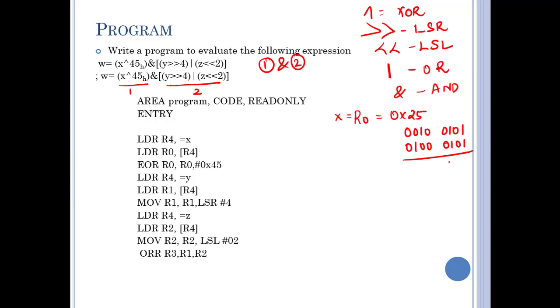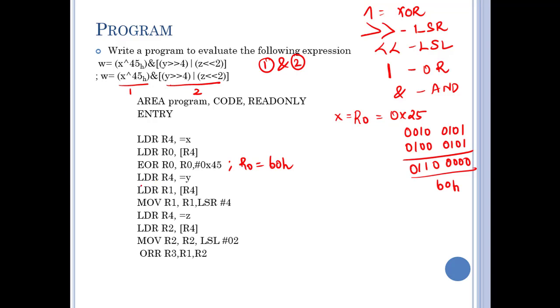For dissimilar inputs you will be having 1. So the result is 60. So see here, R0 is already 25. XOR this with 45. Save the same result in your R0. Now R0 will be having the result. R0 is updated to 60H.